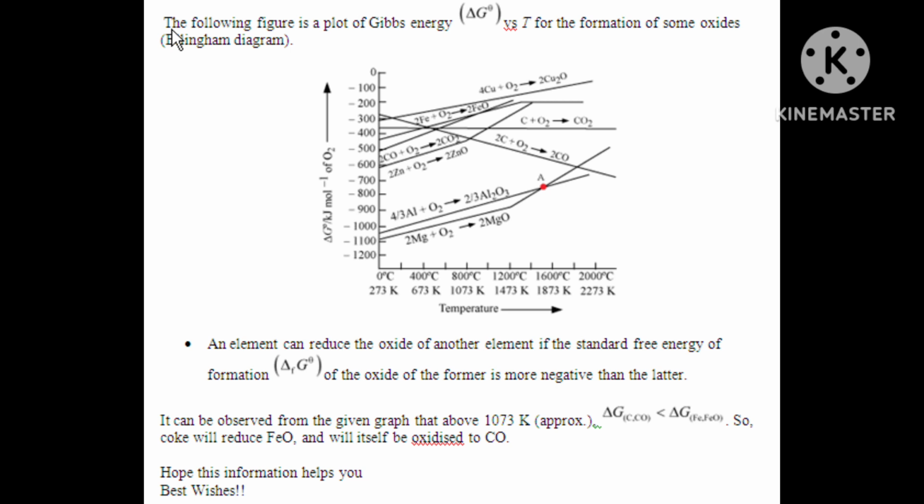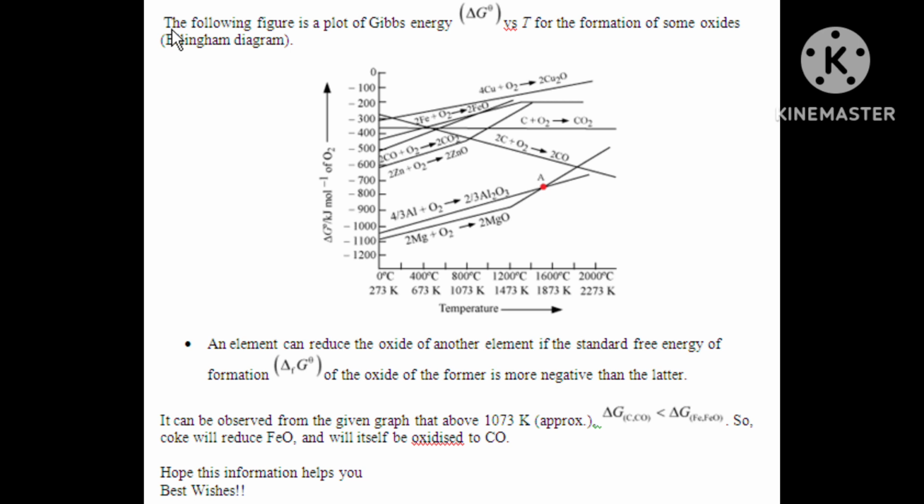Although thermodynamically feasible, just now I told you, in practice magnesium metal is not used for the reduction of alumina in the metallurgy of aluminum. Why? Then I am giving the explanation.